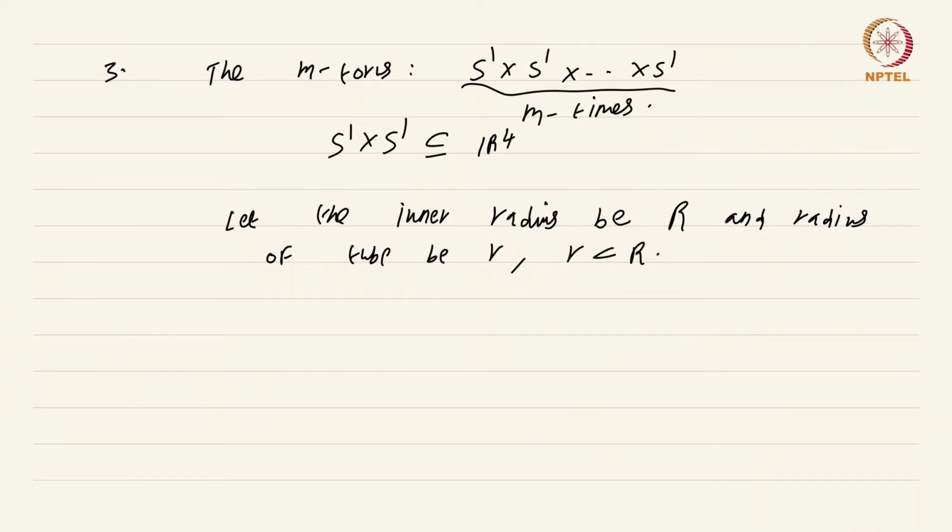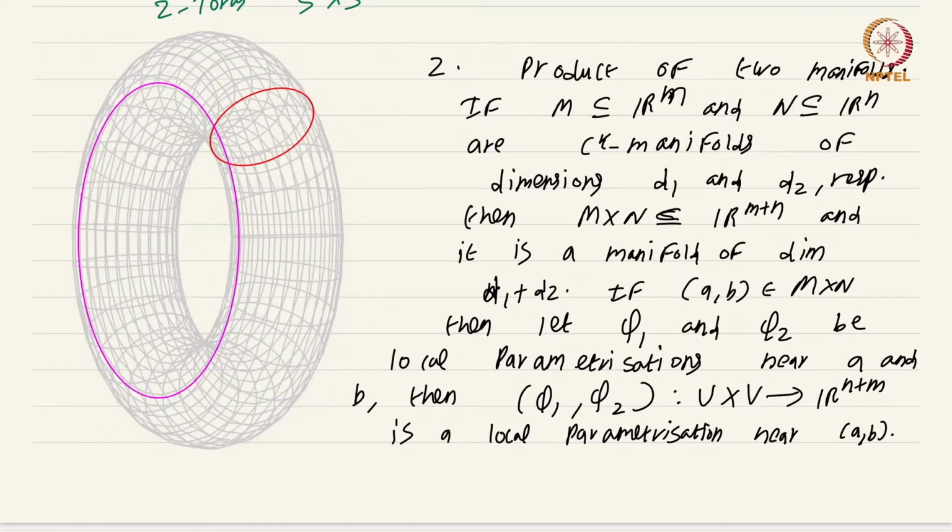You can imagine what will happen. So this inner radius is supposed to be the radius from the center to this, and this is supposed to be the radius of the tube. Okay, so the way I have drawn it, the inner radius looks smaller, so let me draw it in a different way. This is the inner radius, capital R, and this is small r.